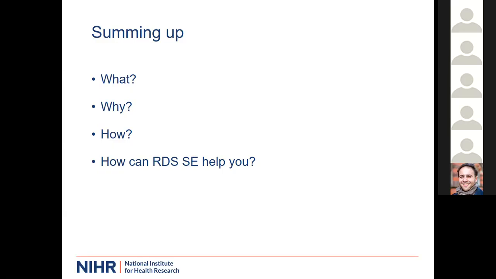And then Katie has talked about how you do it, and particularly around the 6 standards, inclusive opportunities, working together, support and learning, communications, impact and governance. And finally, we've spoken a little bit about how the Research Design Service South East can help you. So I hope you found that useful, and obviously over to Anna-Marie now for any questions.